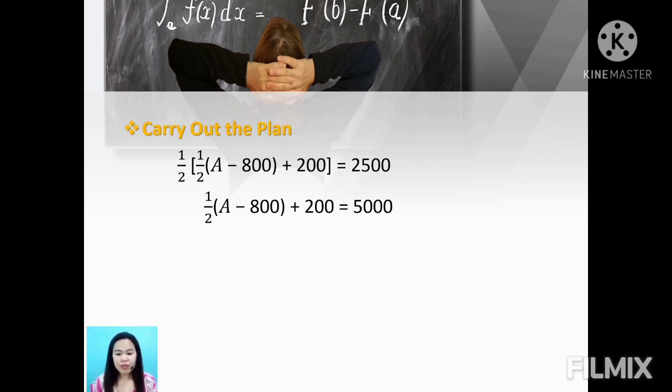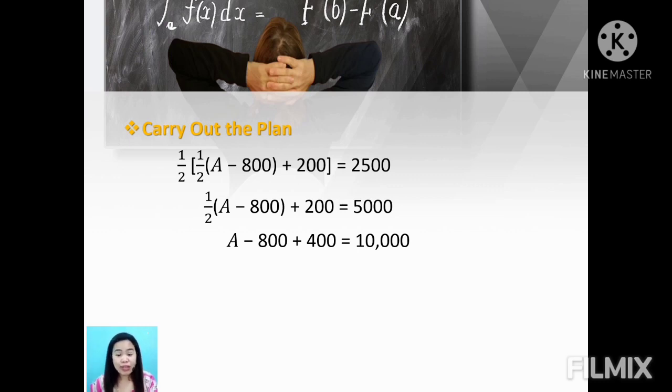So the new equation is 1/2 times A minus 800 plus 200 equals 5,000. After that, let's remove the other 1/2, because we don't want fractions. To do that, we multiply both sides by 2. So, 2 times 5,000, we have 10,000.